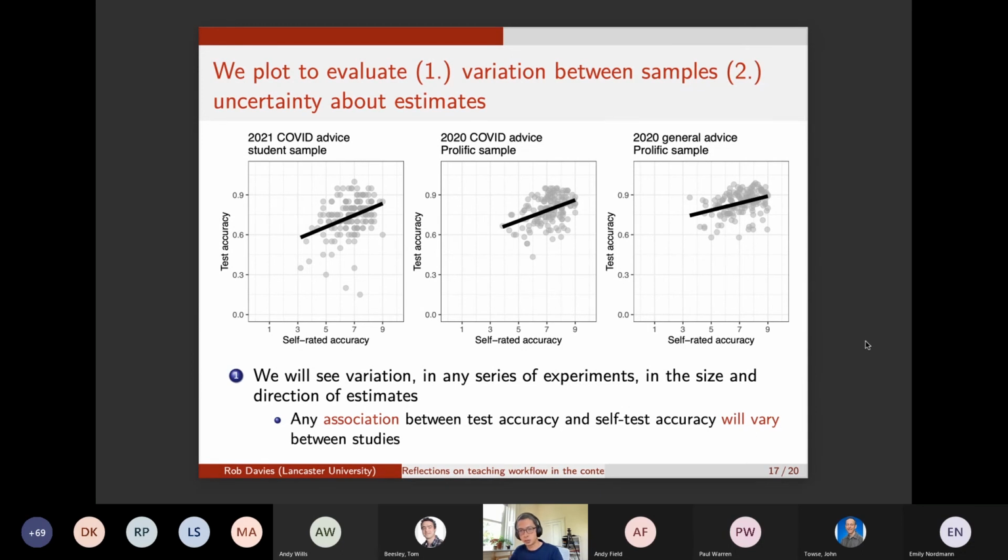You also get variation in the relative uncertainty of your estimates.